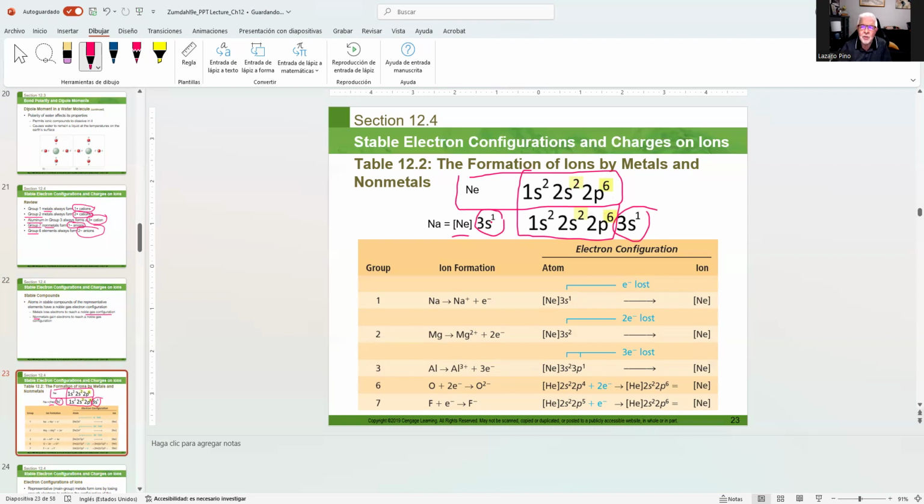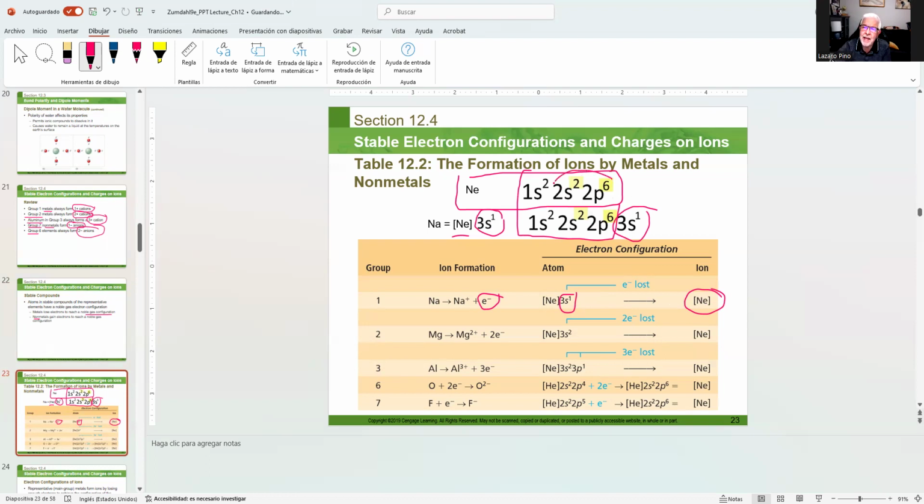Then in order to make stable elements, for example, sodium loses one electron, so we represent that this electron, that is the valence electron, is lost, and then sodium gets the configuration of neon that is very stable. Why do we say that it is very stable?